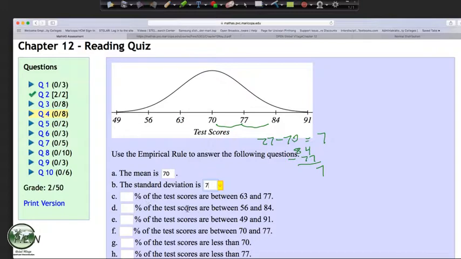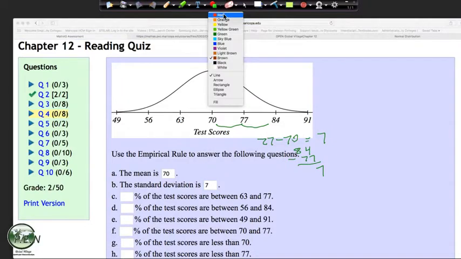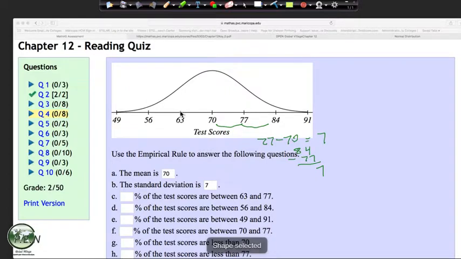So what percent of the test scores are between 63 and 77? 68. Exactly. So that's from 63 to 77. It's kind of like a line there, and 77 would be the line there.